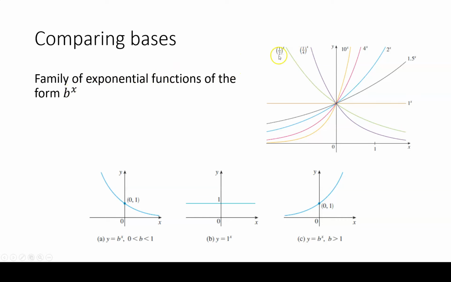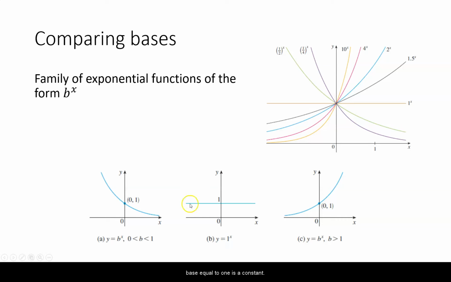And then when we have bases that are less than 1, for instance 1/2 or 1/4, we get this decreasing shape. And again, the same idea applies, that the bigger the base, the more steeply that curve is going to rise. So we have this basic rule comparing the shapes of these exponential graphs: with a base between 0 and 1, it's a decreasing exponential function.